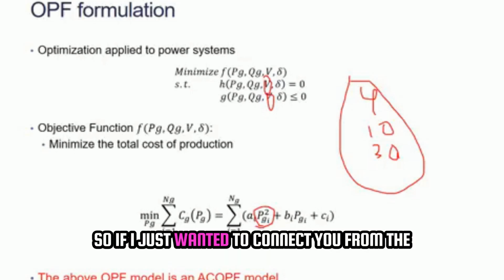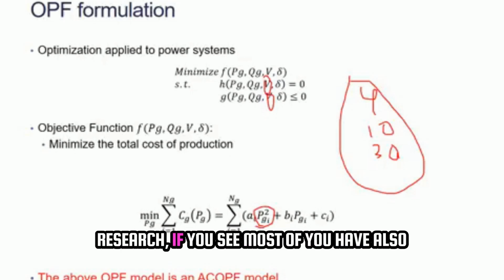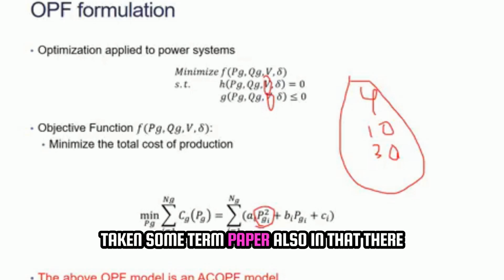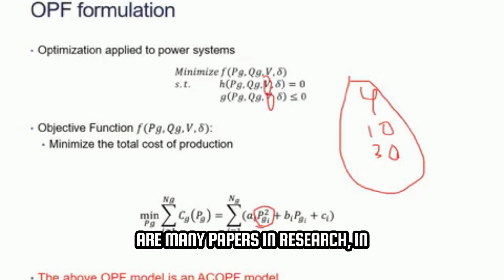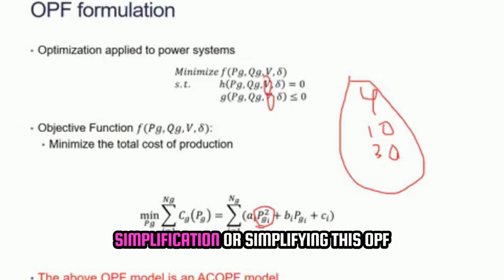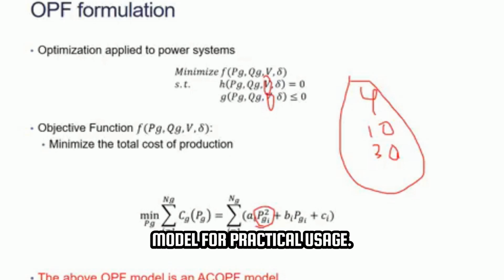If I connect this to research, most of you have also taken some term paper on this. There are many papers in the literature that talk about simplifying this OPF model for practical usage. You can search, and you will find a lot of papers on it, and all of these are very important to this problem.